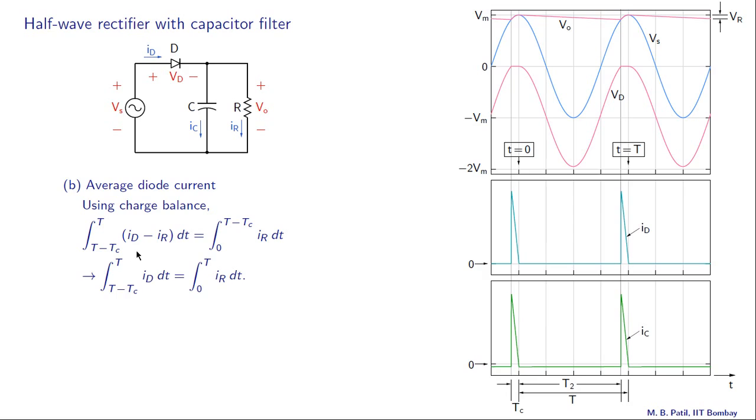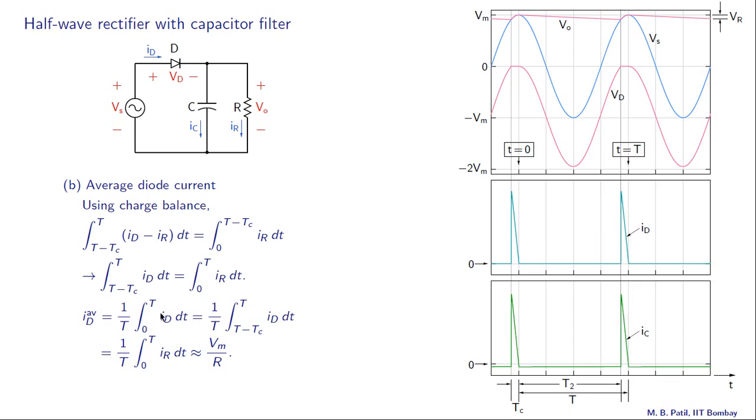And we can simplify things. We can club this integral IR dt with the one on the right hand side, and then we get integral ID dt from T minus Tc to T is integral IR dt from 0 to T. And now we want the average value of the diode current. What is the average value?